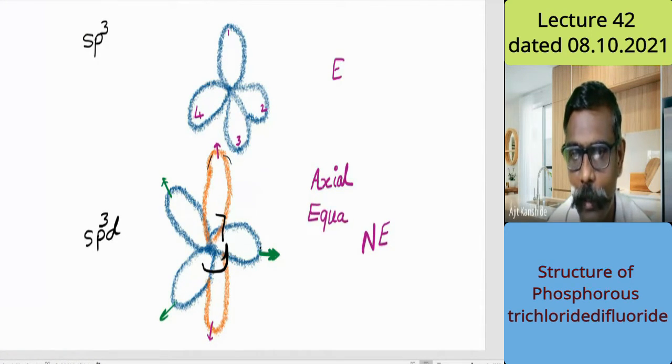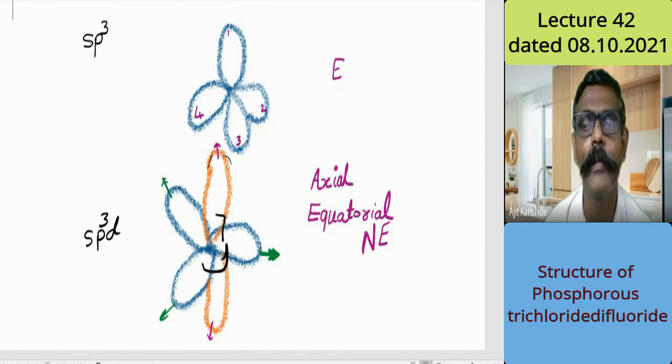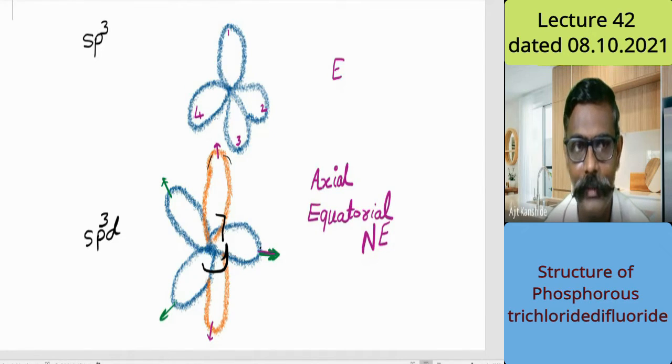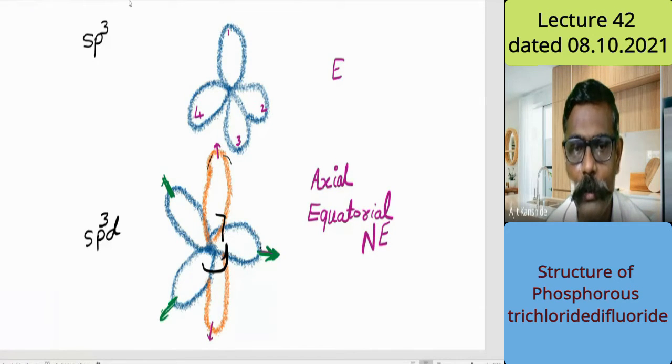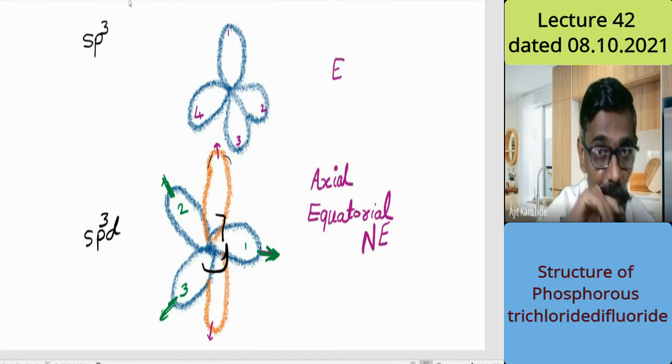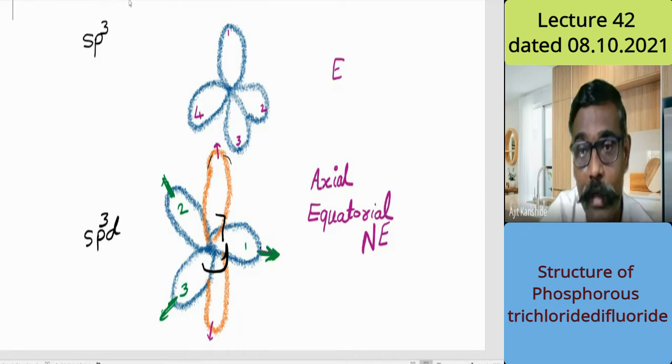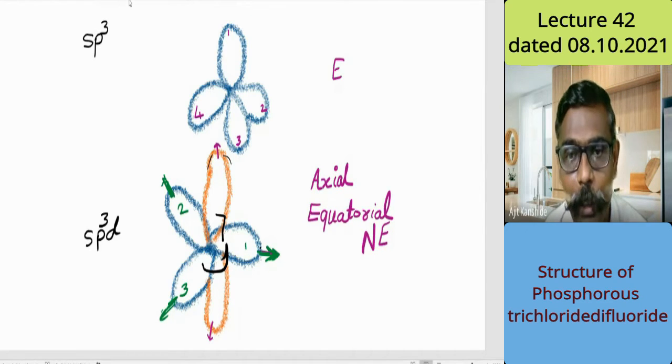Now I need your help. Which positions are axial and which positions are equatorial? These green colored positions, are they axial or equatorial? Which of these lobes: first lobe, second lobe, third lobe, as a fan blade or triangular plane, are they equatorial or axial?